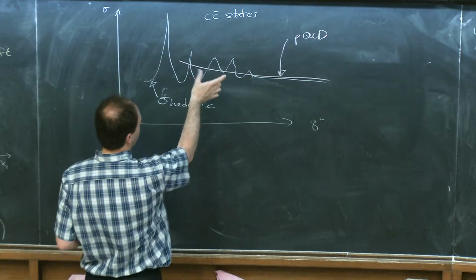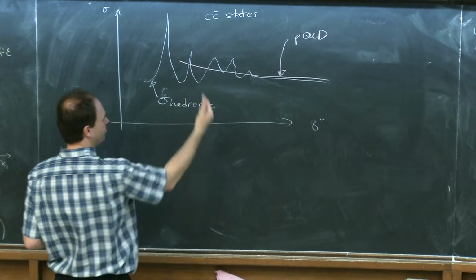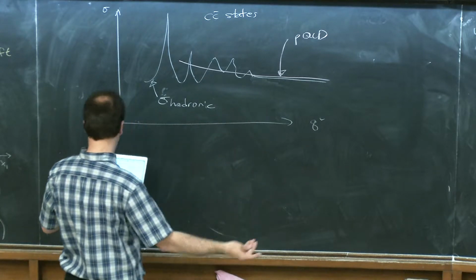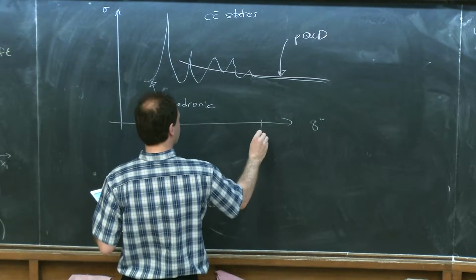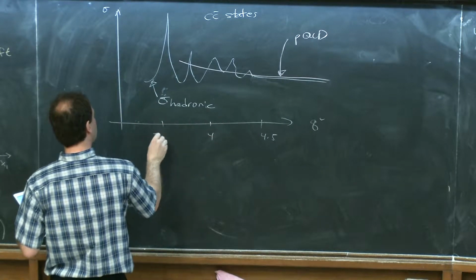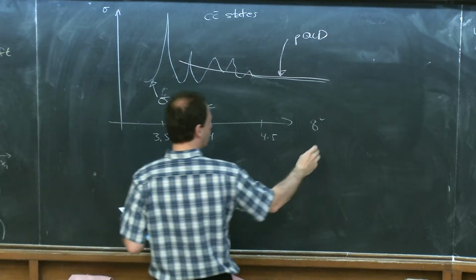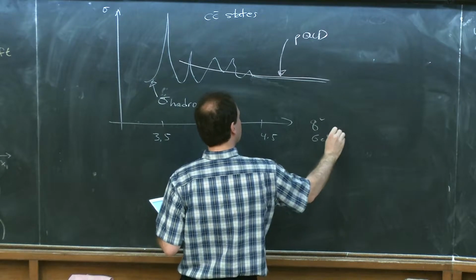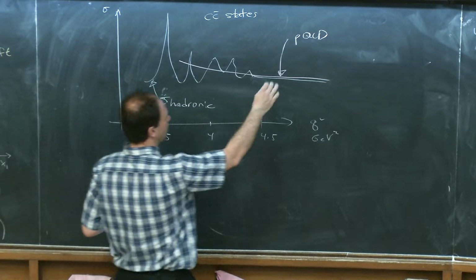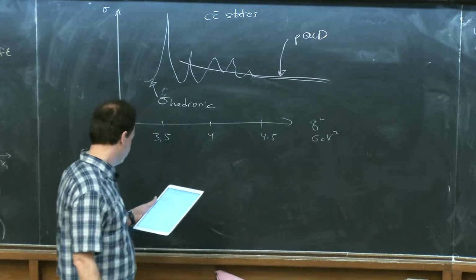In particular, I better not compare pointwise in this region, or I'm bound to find a difference. But if I average over a large enough region of order several GeV, so the units on this axis are like 3.5, 4, 4.5 squared, then I can get agreement between the perturbative QCD and the hadronic result.